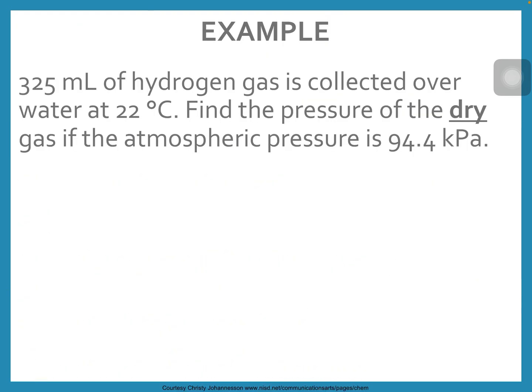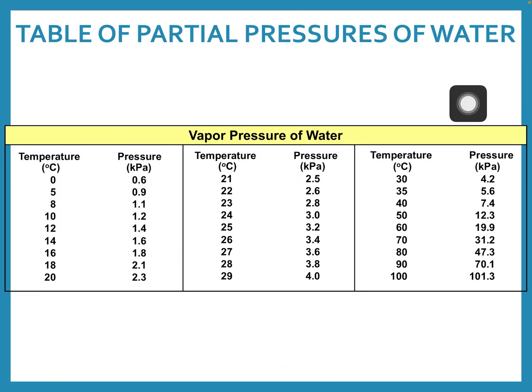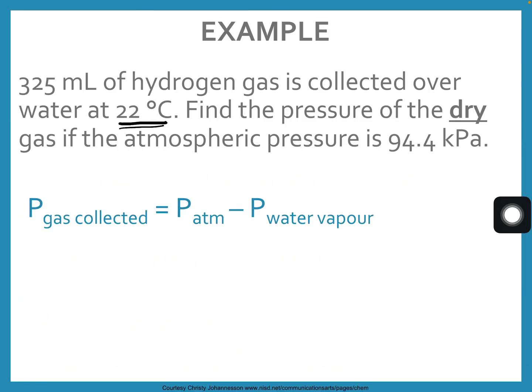So if I have 325 mL of hydrogen gas that's collected over water at 22 degrees Celsius, what is the pressure of the dry gas if atmospheric pressure is 94.4 kilopascals? So I'm going to need at 22 degrees Celsius, the partial pressure of water is 2.6. So I get that from the table.